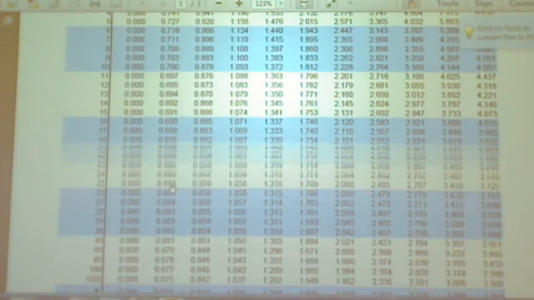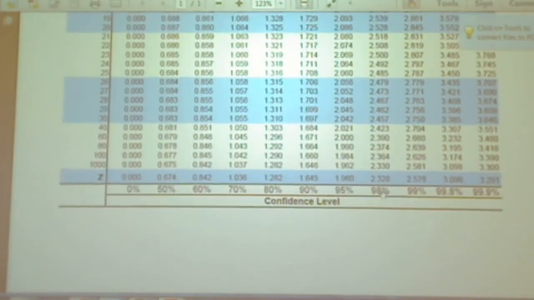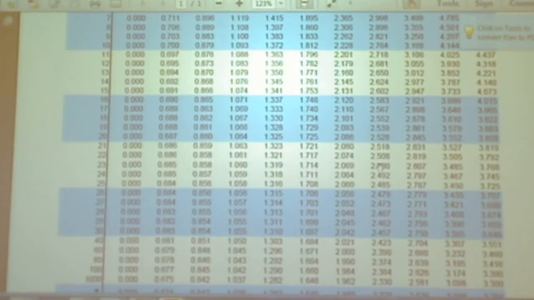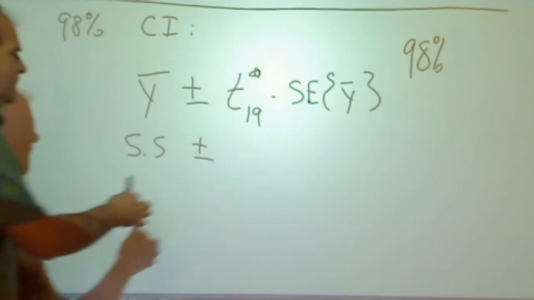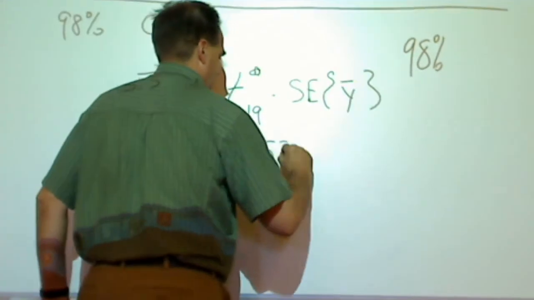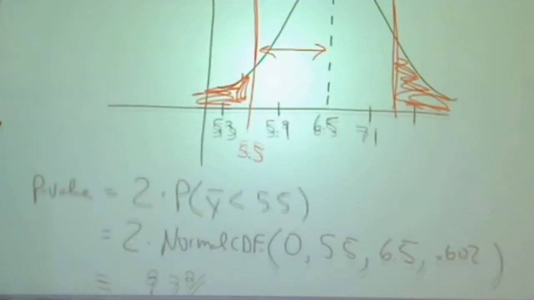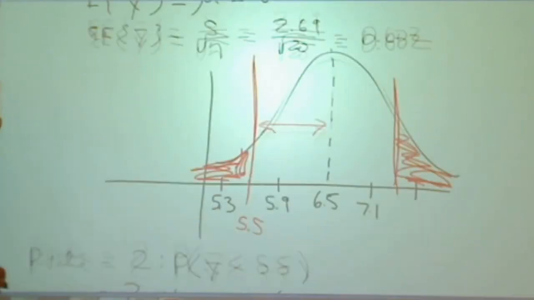So if you look at this, we're down here at 98%. Degrees of freedom, it's this column. 2.539? That's what I got. 2.539 times, we already calculated standard error, and that was 0.602.